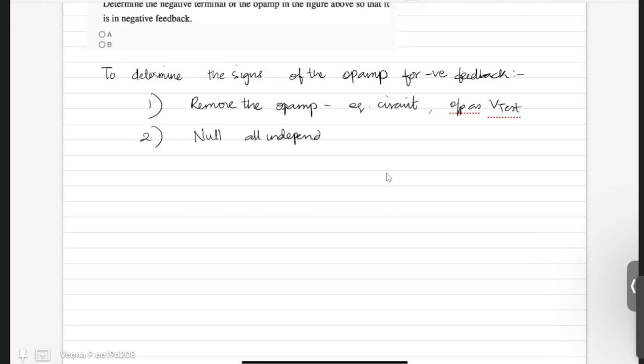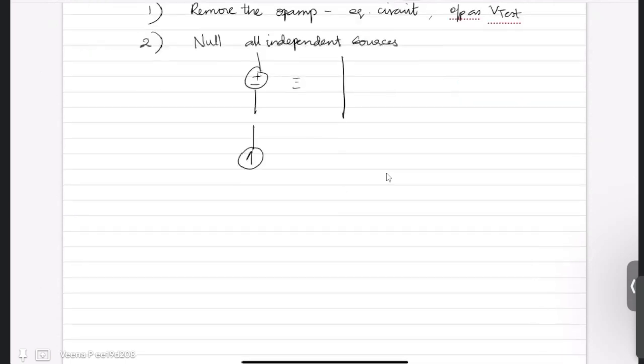Nulling means you have to replace the independent sources with their equivalent internal impedance, which we know that for a voltage source becomes a short, whereas for a current source, you have to replace it with an open circuit. So this is the way you should do when other independent sources are there.